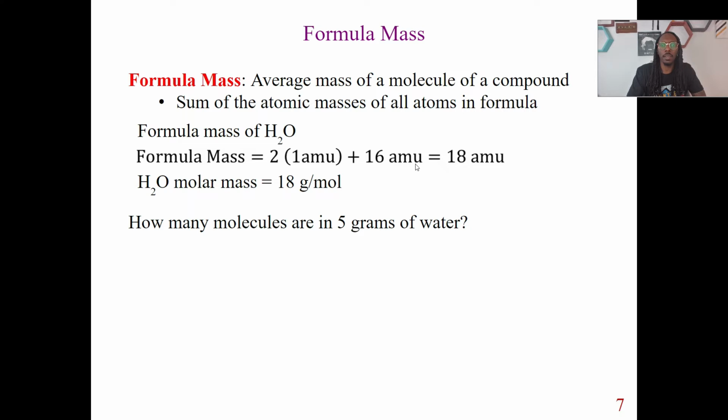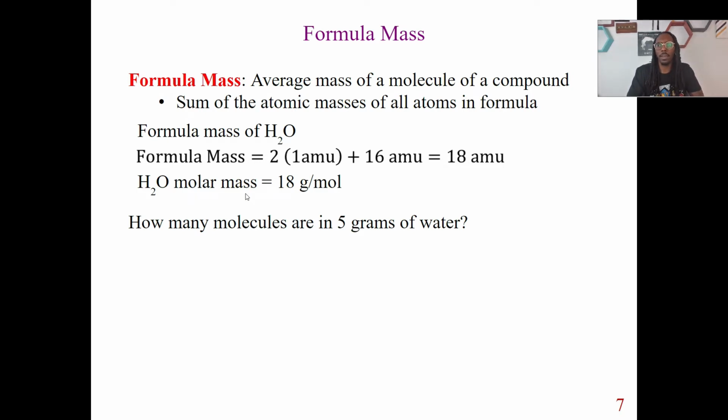So that's 16 AMU here. Now we add up our 2, because 2 times 1 plus our 16, we're going to find that the formula mass for water is 18 AMU.